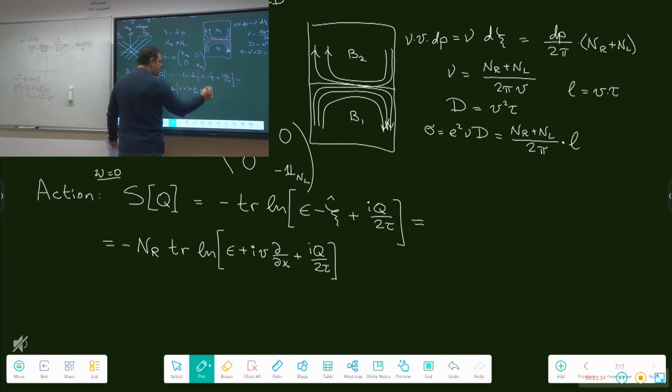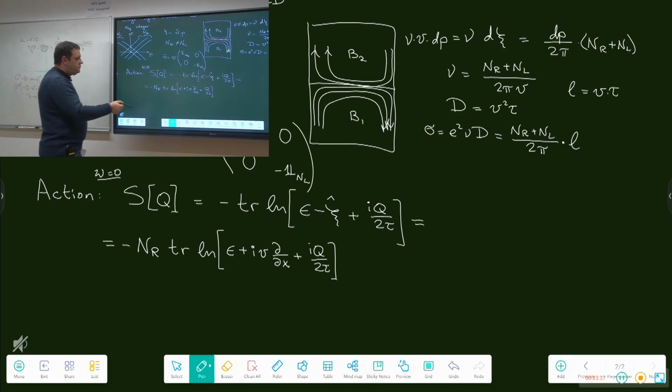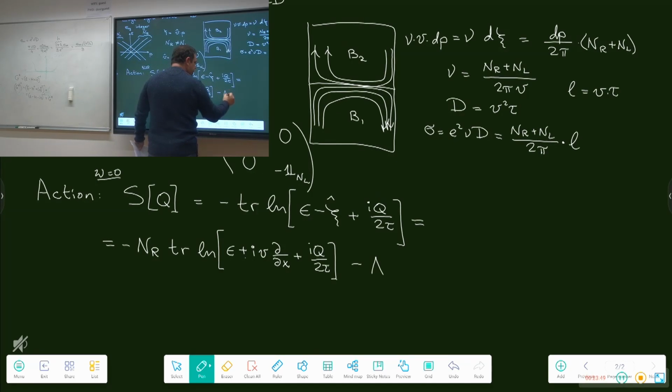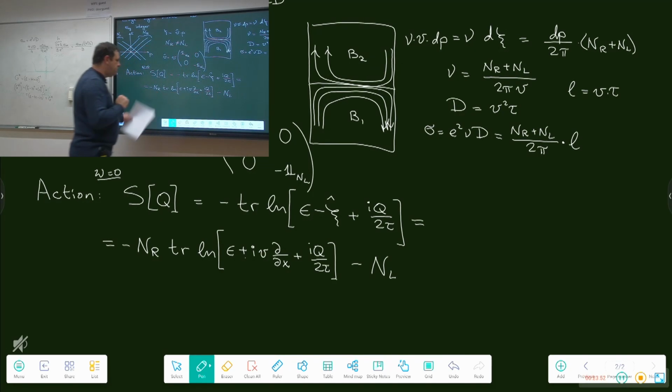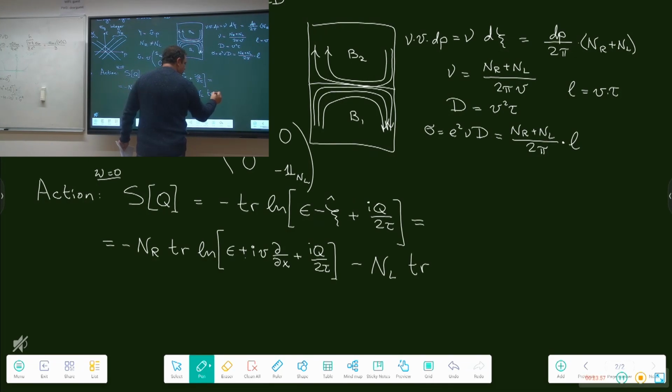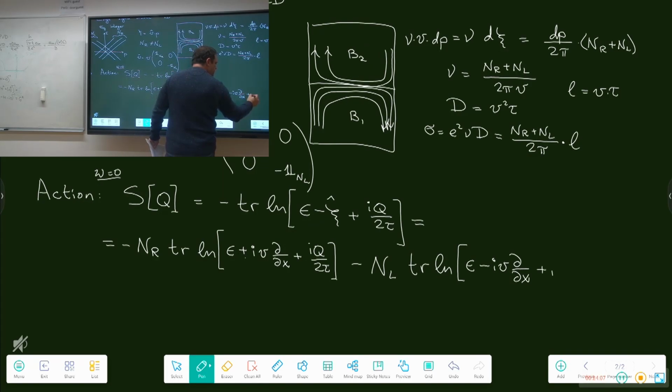This is what happens in the channels that propagate to the right. Xi is just 1 times v times p, and p is minus i d by dx, and minus xi means plus here. And then there is another portion, the number of left propagating channels, with a trace of logarithm, but this time it's epsilon minus i v d by dx plus i Q over 2 tau.